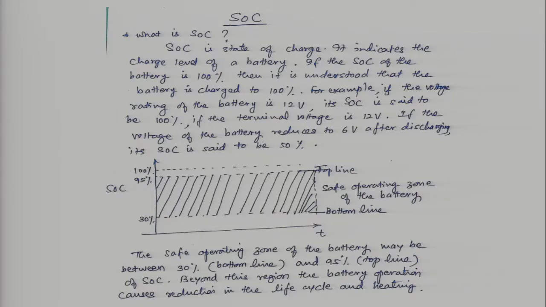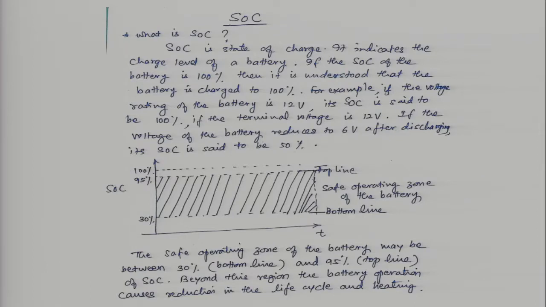This is just taken as an illustration. Sometimes it may be around 25% or even 30% also, but for the illustration purpose I have taken this as 30%. So this 30% of the rated voltage, we call it as bottom line. That is the bottom line of state of charge.